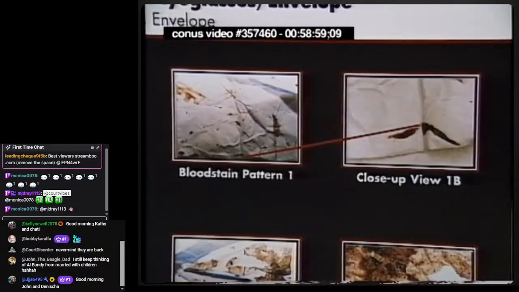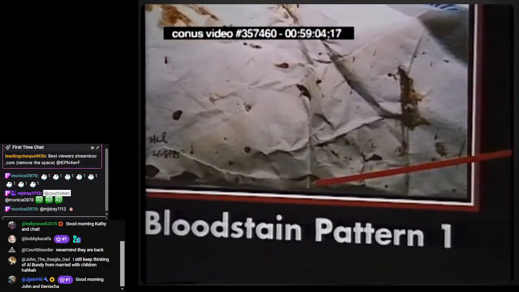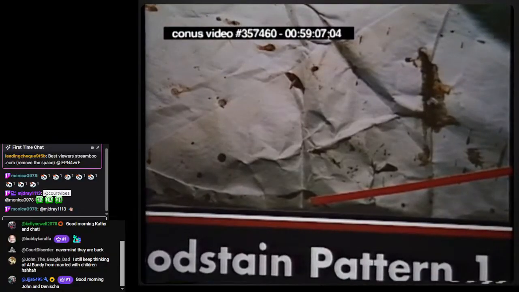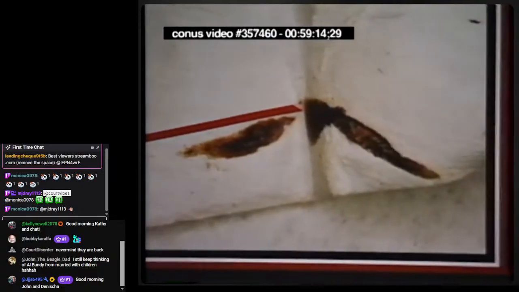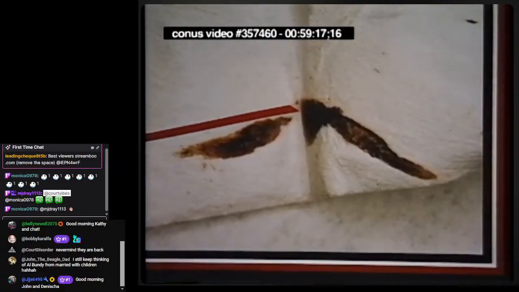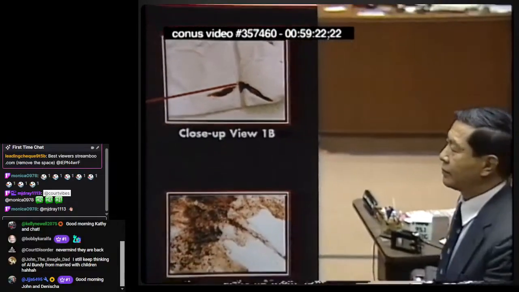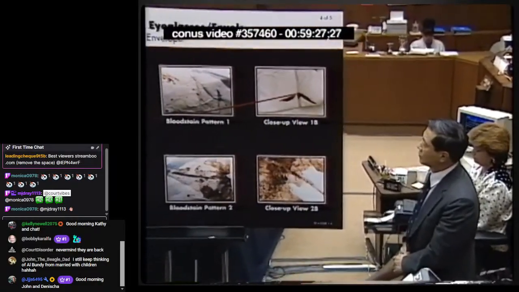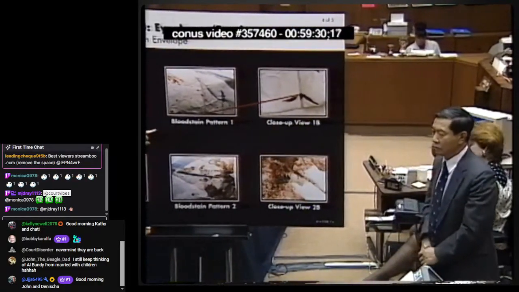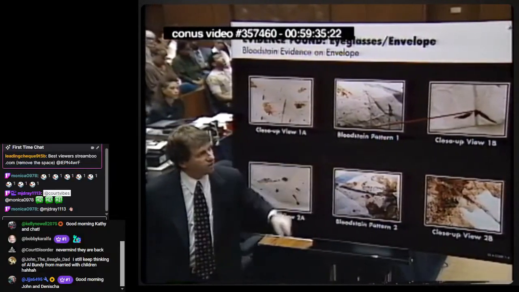Now, Dr. Lee, in order to obtain a mirror image pattern such as this, what state does the blood have to be in? Blood has to be in liquid state. It cannot be a dried bloodstain. Still wet, in a liquid state. So would this mirror image pattern be consistent with someone folding or manipulating this envelope while the blood depicted in the close-up view of 1B is still wet?